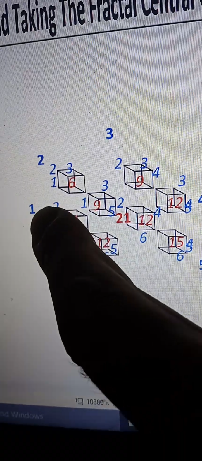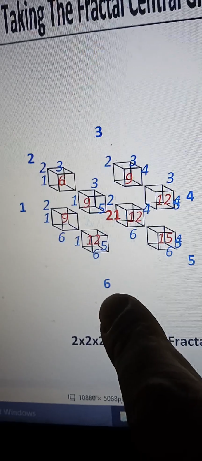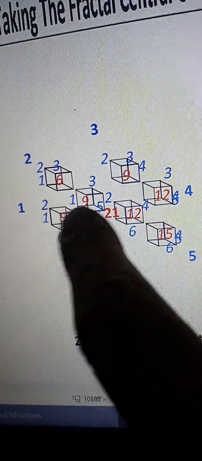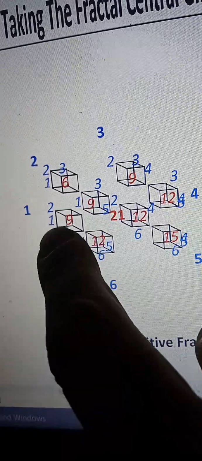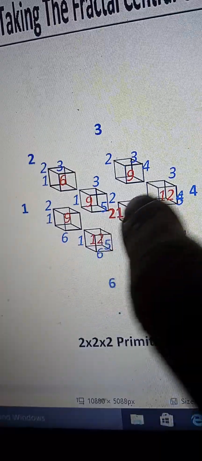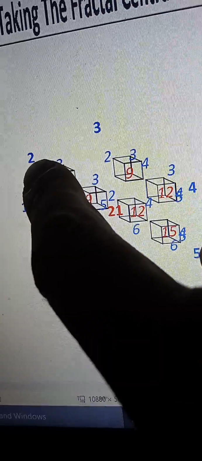Okay, you have the ghost number, the primary numbers 1, 2, 3, 4, 5, and 6. To fractalize a cube, in this sense, you give a value of, say, 1 to each of the faces of these miniature central ghost number cubes that is facing it. You do the same with 2.